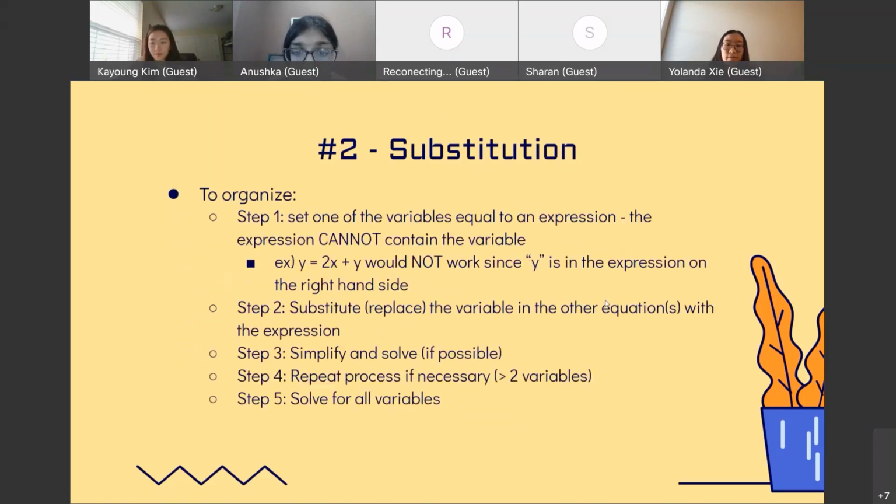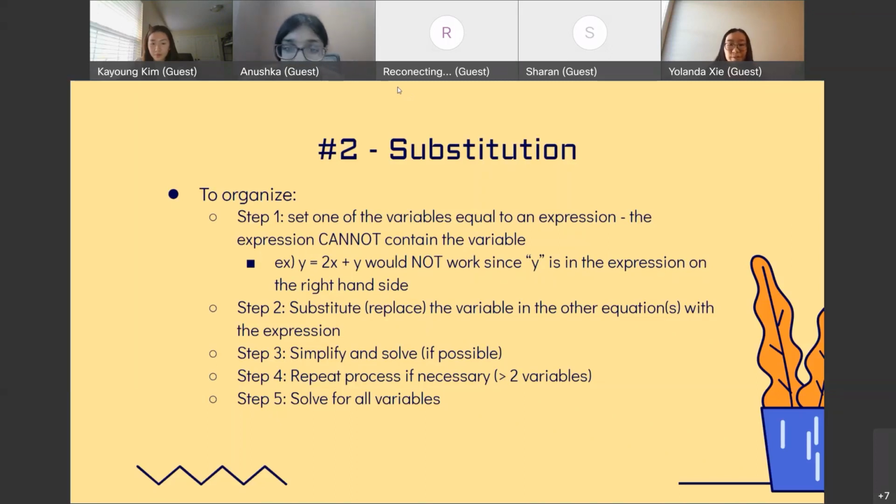All right, so for this, the first thing you've got to do is set one of the variables equal to an expression. And the expression cannot have that variable inside of it. You can't have y equals 2x plus y, because if you substitute in 2x plus y, you're not making the equation simpler at all. You want to substitute so that one of the equations will only have, say, x's, to make it easier.